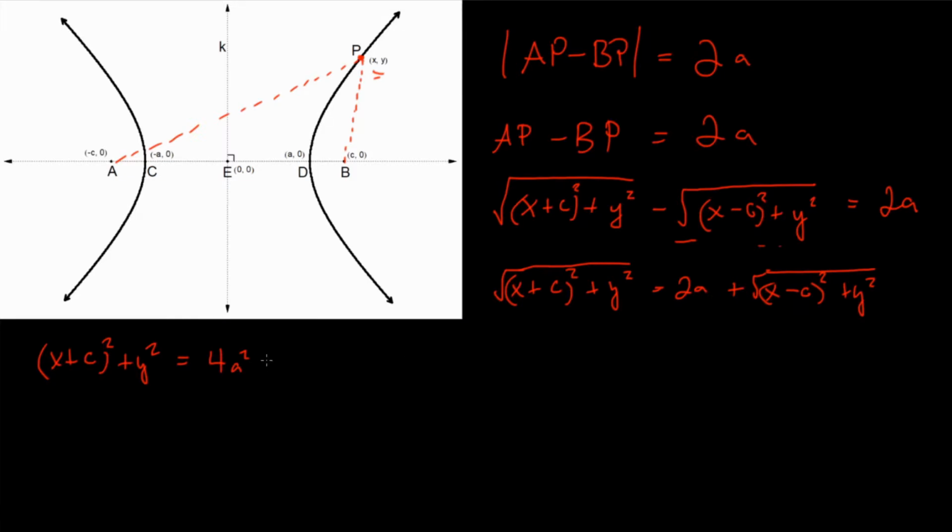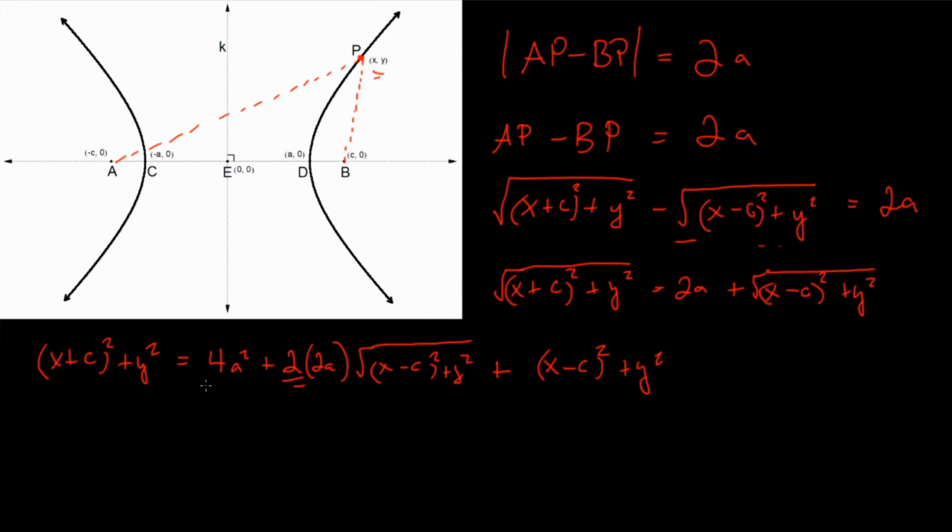So for a squared, we'll have 4a squared, plus 2 times 2a times the square root of (x - c) squared plus y squared, plus (x - c) squared plus y squared. We just squared both sides, and we don't want to forget this 2. That's often forgotten. We have the first term squared plus 2 times the 2 terms multiplied plus the second term squared. This is more complicated than the previous line, but we have one less square root.